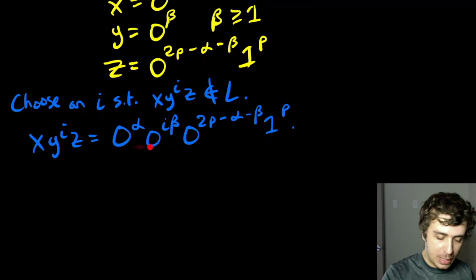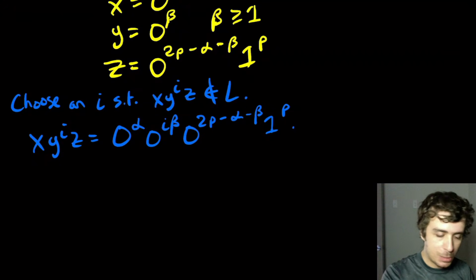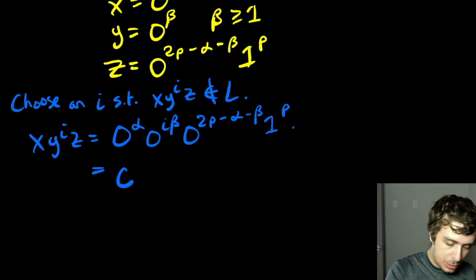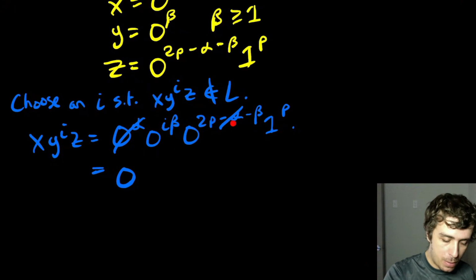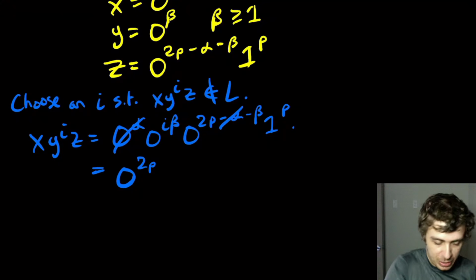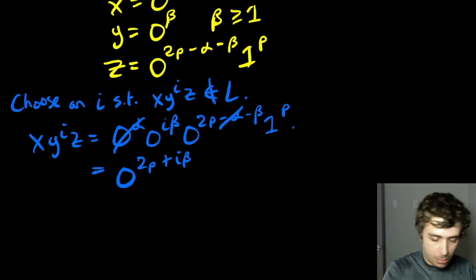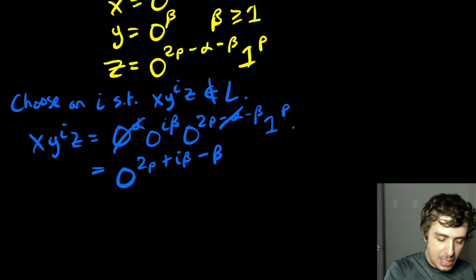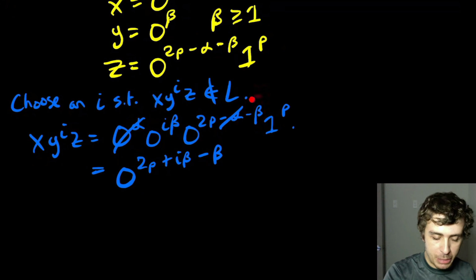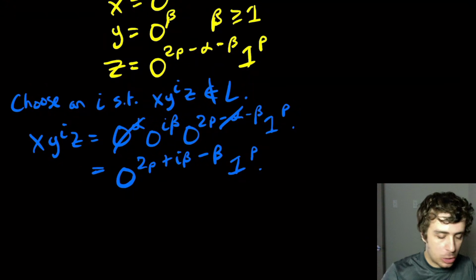And we have a consecutive run of zeros here, so let's just collapse all the exponents together. The alphas are going to get killed off because we have a plus alpha minus alpha. So we're going to have 2p, because that was not killed by anyone, plus i beta, because that's from the y bit, minus beta, and then 1^p here, because we never touched that.